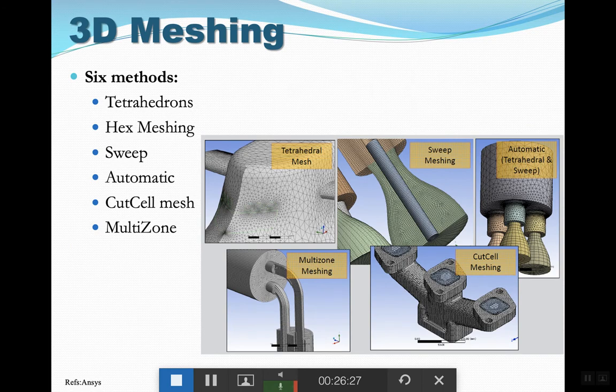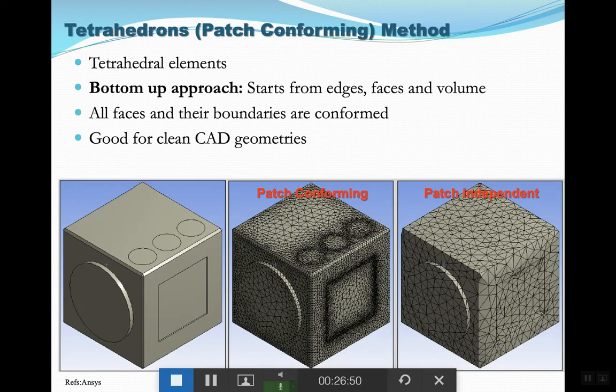In 3D meshing, we have basically 6 different methods, of which in this class we will only cover the first 4: tetrahedrons, hex meshing, sweep meshing, and automatic. The last 2 are not introductory, and they have specific applications. So let's see what these meshings are.